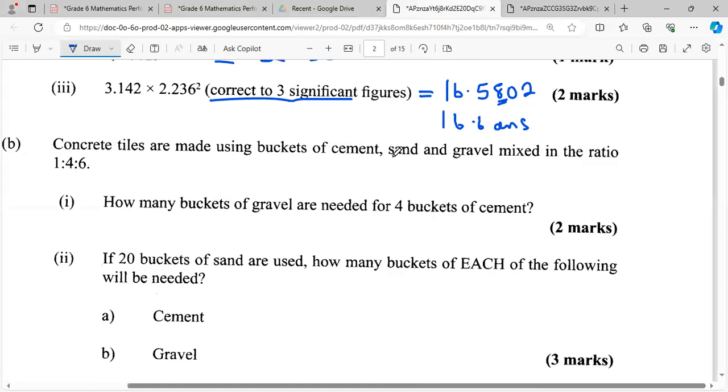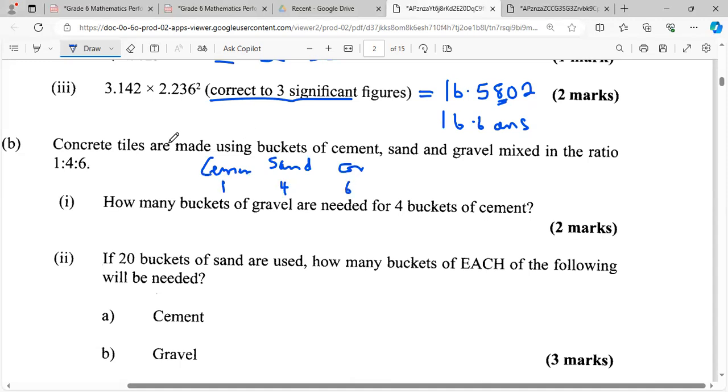Very easy. So now, the order matters. It's sand first, no, cement must start first. Cement, sand, and gravel. Now the ratio is 1 to 4 to 6.